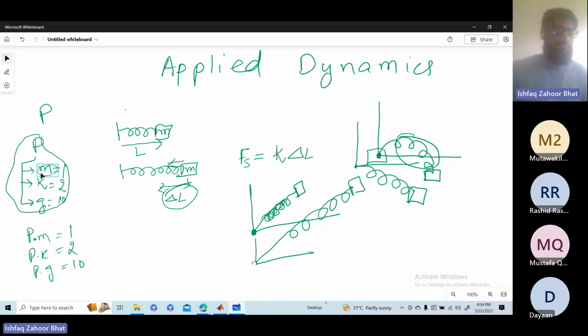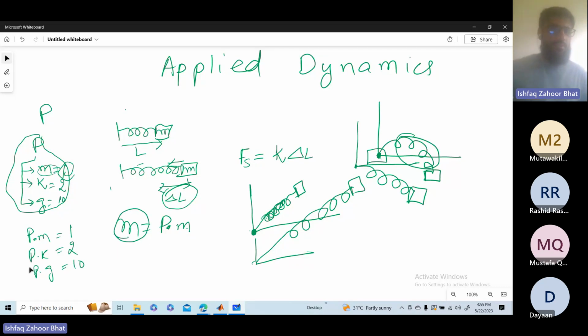Now I want my M to be 1. How will I extract this value? I will write M equal to P dot M. Basically this will extract the value 1. This says that M is nothing but P dot M. So now M is simply a variable like other variables.